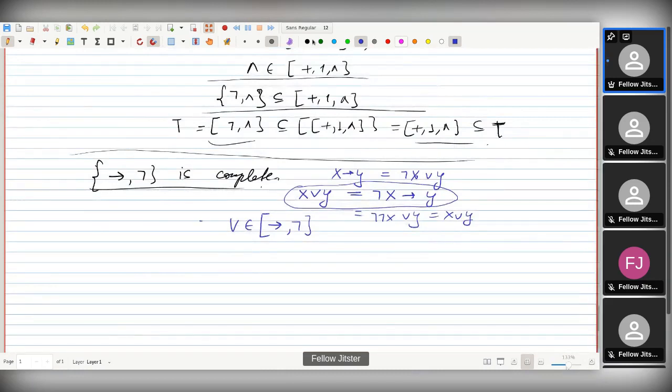And of course, negation is computable this way. Hence, this set is also complete.